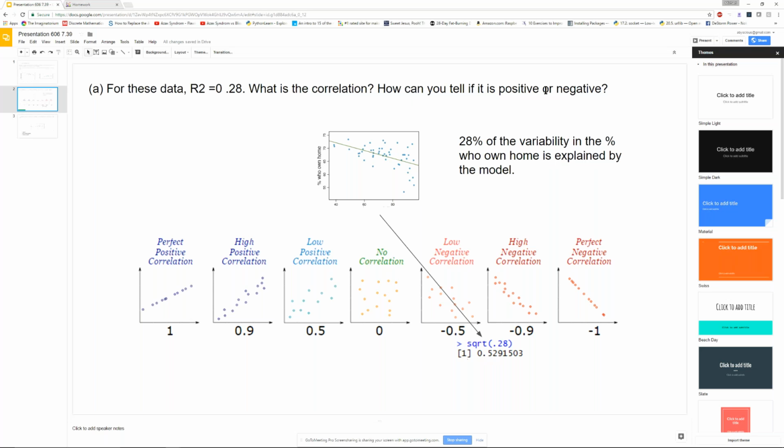How can we tell if it's positive or negative? That's if it's going down or up, left or right. And what the 0.28 would mean in terms of the R squared is 28% of the variability in the percent who own home is explained by the model.